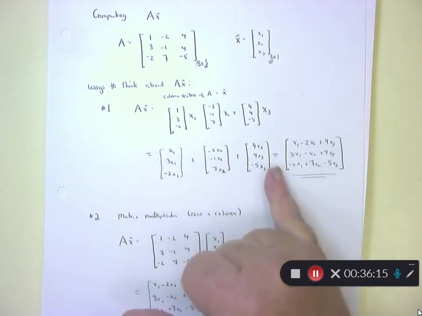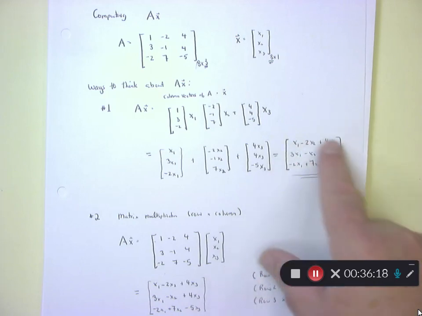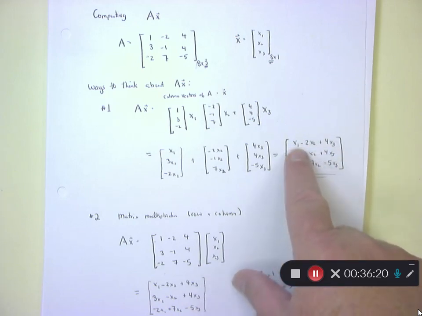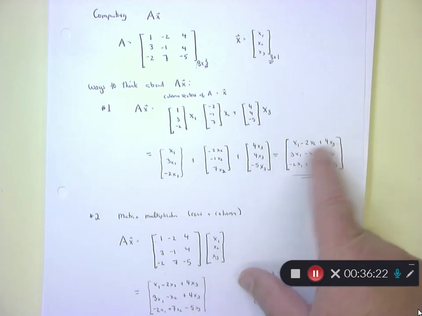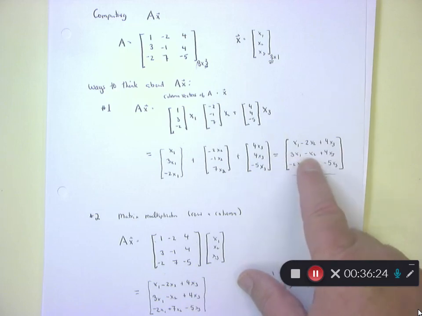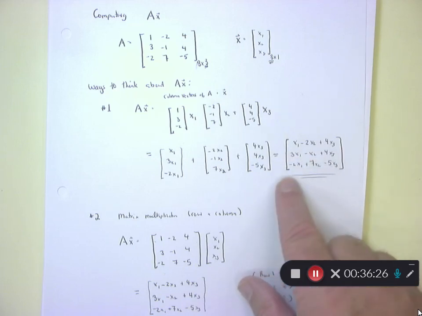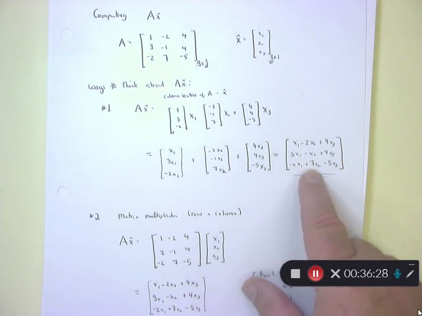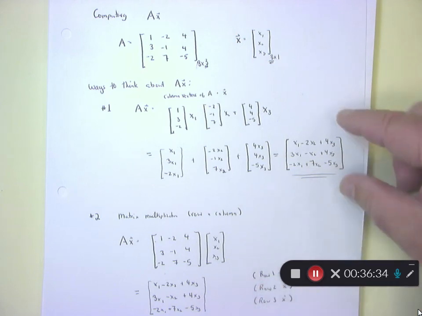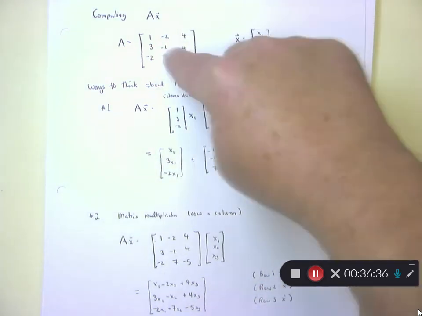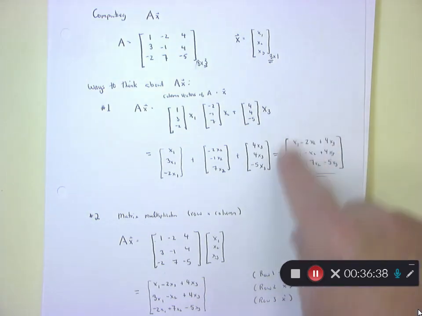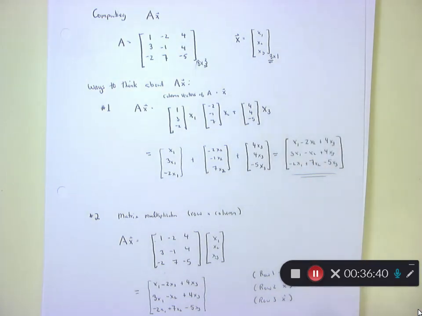And then you add components, and you end up getting the equational thing: x1 minus 2x2 plus 4x3, 3x1 minus x2 plus 4x3, negative 2x1 plus 7x2 minus 5x3. That represents multiplying these two together, and you get that equational look to it.